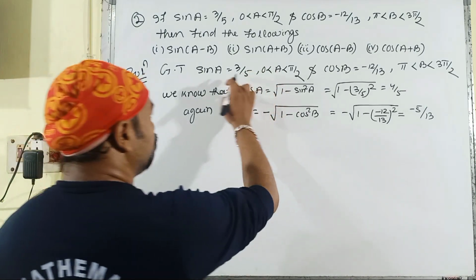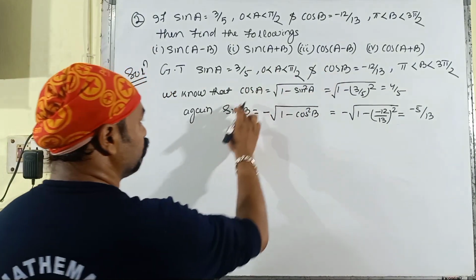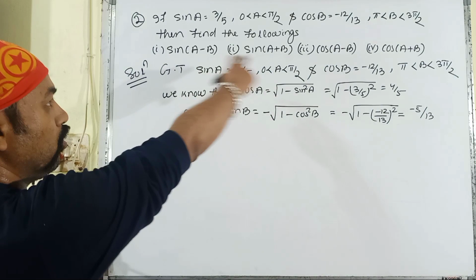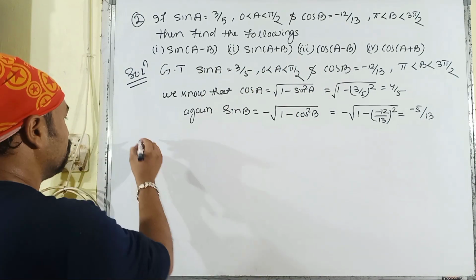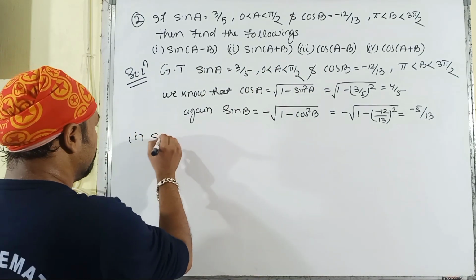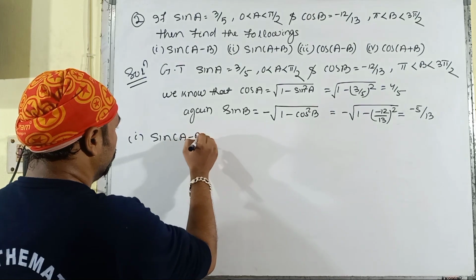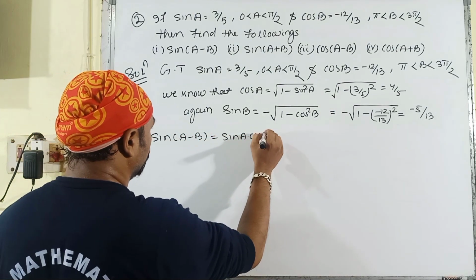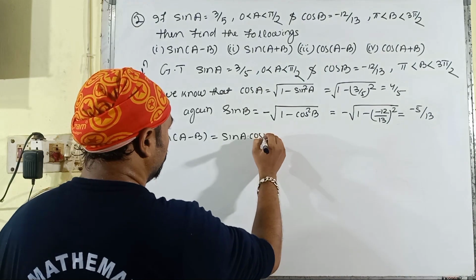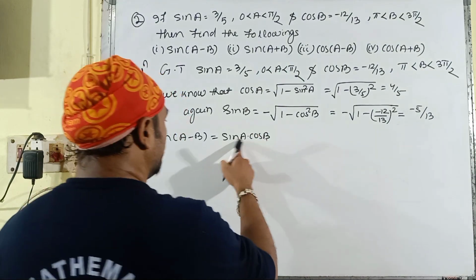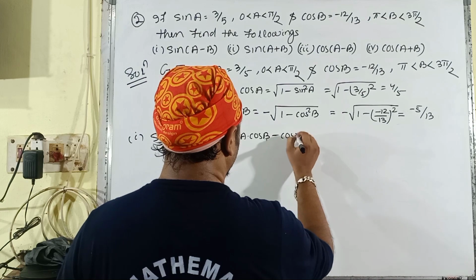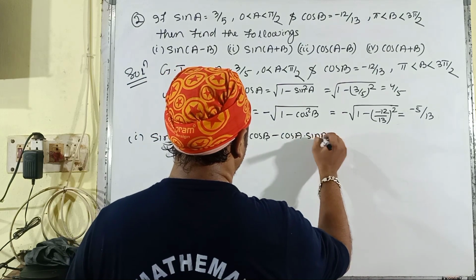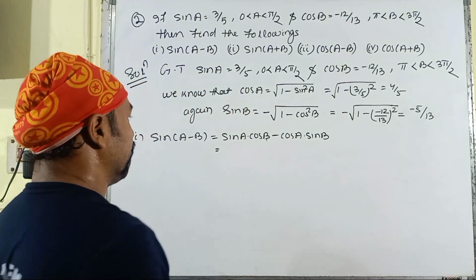And by using these four values, sin A, cos B, cos A, sin B, we can determine all these requirements. So here the first one is sin (A minus B), which can be evaluated by putting the values of sin A, cos A and sin B, cos B. Sin A into cos B minus cos A into sin B. Now we just have to put the values here.